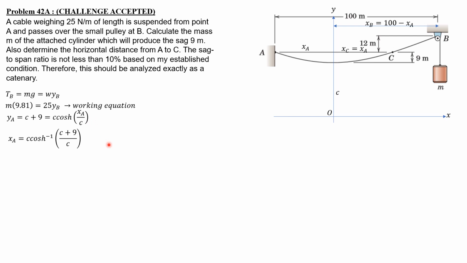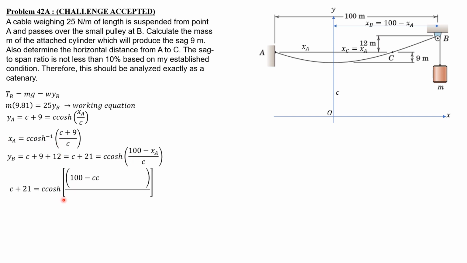While YB is equal to C plus 9 plus 12 or C plus 21, and it is C cosh of XB, which is (100 minus XA) over C. So C plus 21 equals C cosh of (100 minus XA) over C. Let's substitute the value of XA, which is this, and we should approximate the value of C using the high-tech calculator.